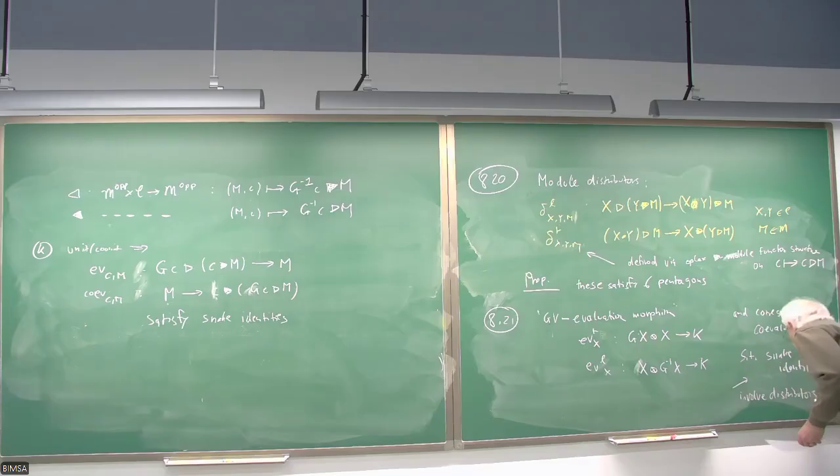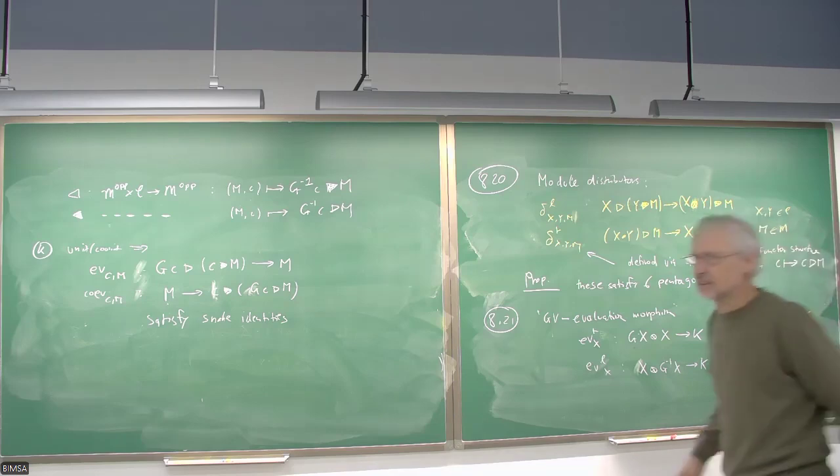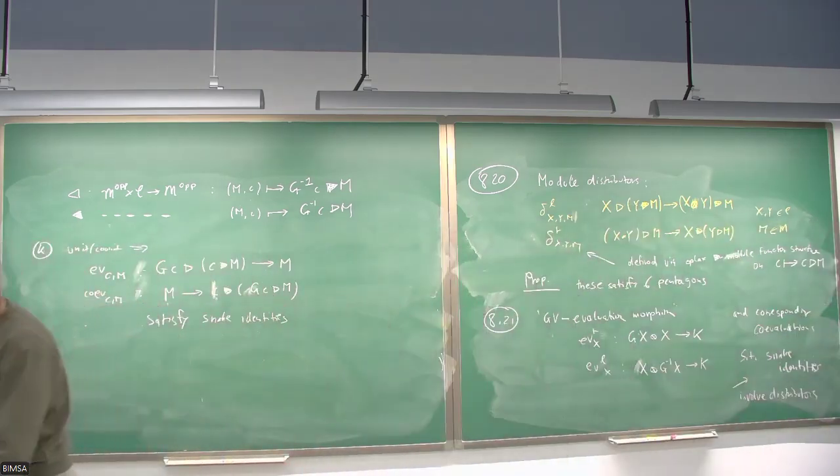The ordinary snake identities involve associators, but we usually do not write them. Here we have to write them because they are not isomorphisms. And just because they are not isomorphisms, it's a priori not clear whether the distributors go in the right direction. But they always do. Many things you would naively do by forgetting that they are not isomorphisms actually work very nicely.